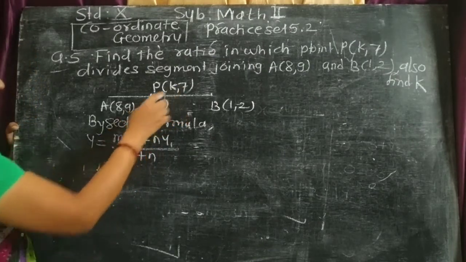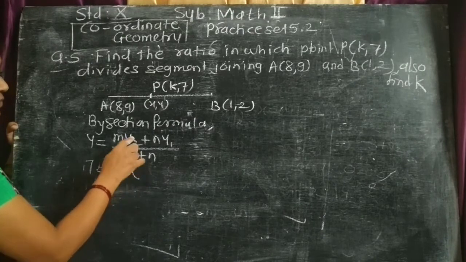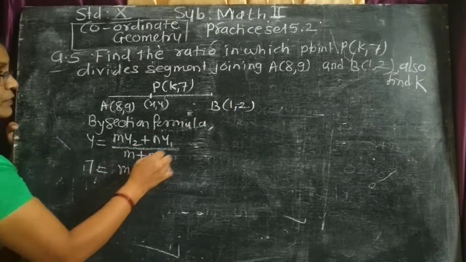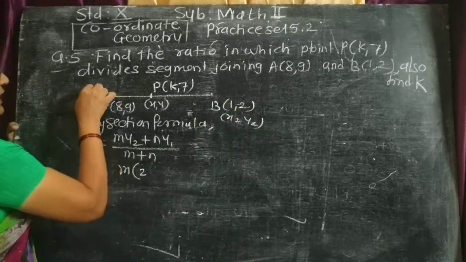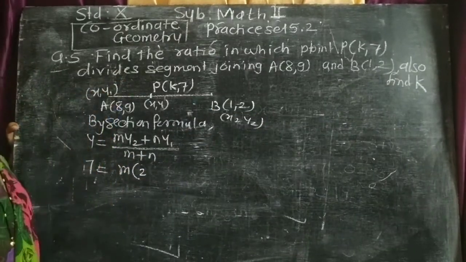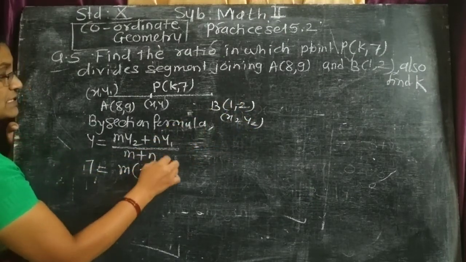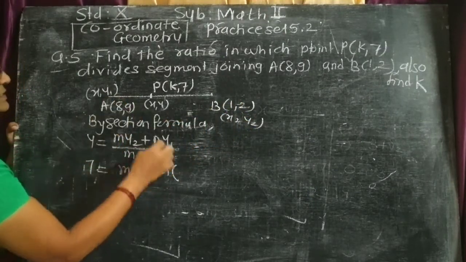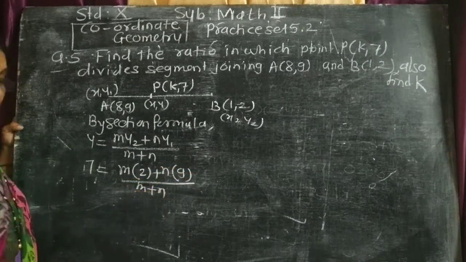The value of y is 7, equal to m times y2, which is 2, where this will be (x2, y2) and this point A we assume as (x1, y1), plus n times y1, which is 9, upon m plus n.